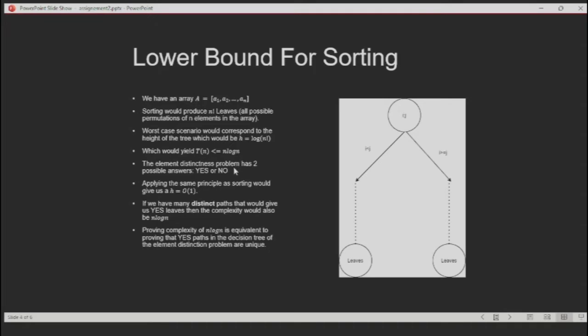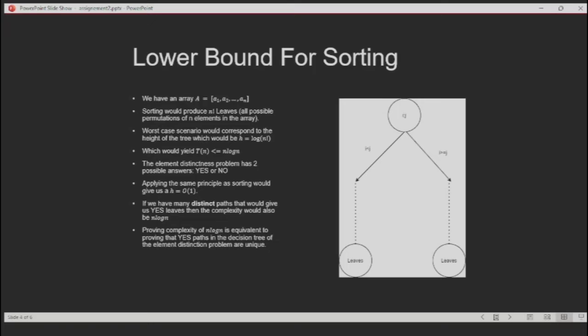And now for the element distinctness problem, we have two possible answers, yes or no. So if we want to apply the same concept to this problem, the height would be constant. However, this is not true because in fact the yes leaves should be distinct to obtain n log n.